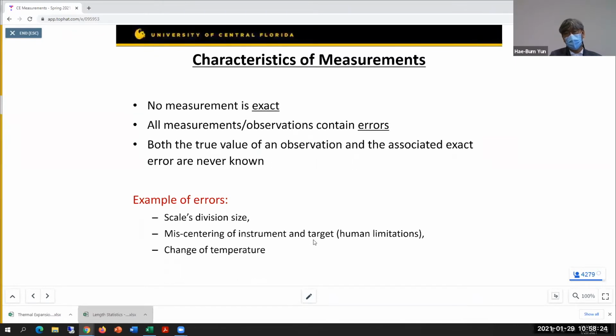For example, when you do leveling and you read the rod, there is a division, and you can have an error. Third, change of temperature. When you measure a horizontal distance, your measurement could be different in summer or winter. Those are some examples of error.